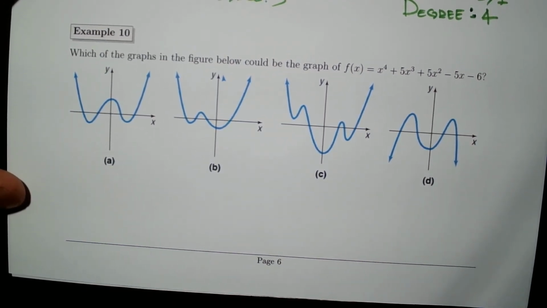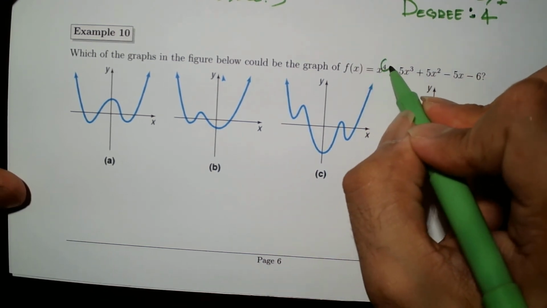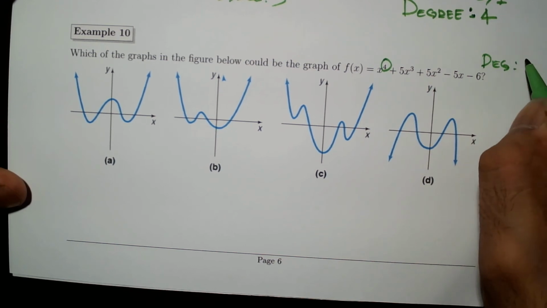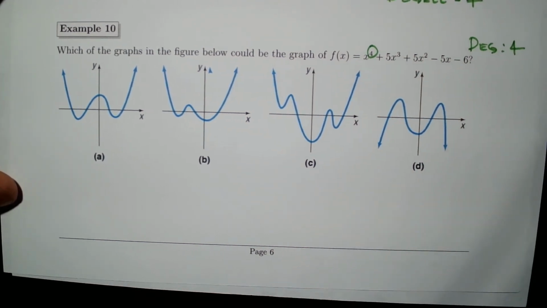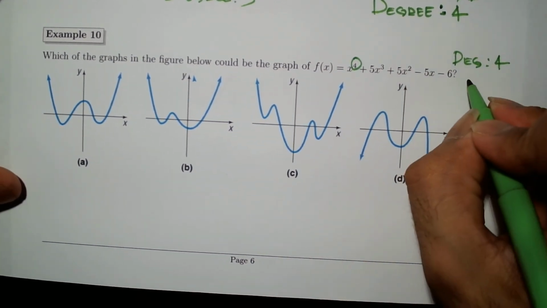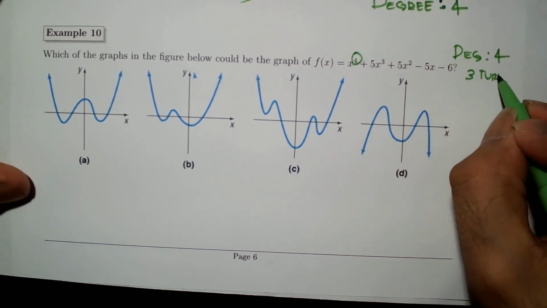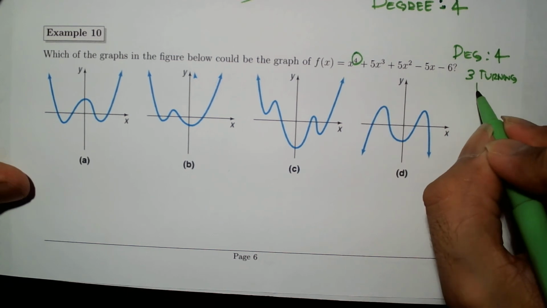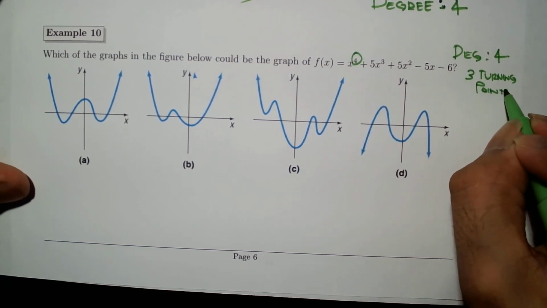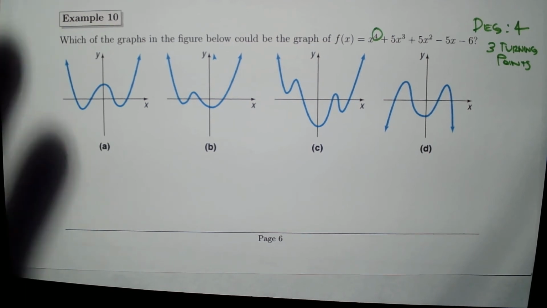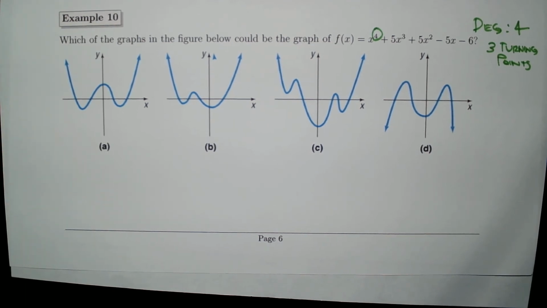From here we can get that the degree is 4, which means it's going to have 3 turning points. That's what we are going to obtain, 3 turning points. What other piece of information do we have?